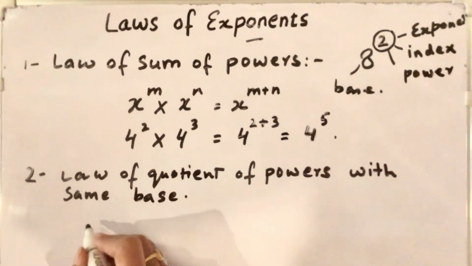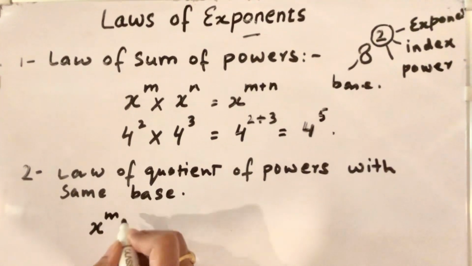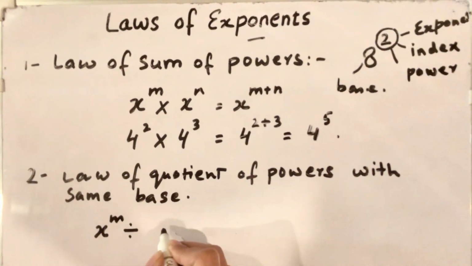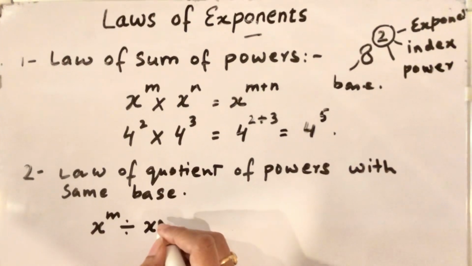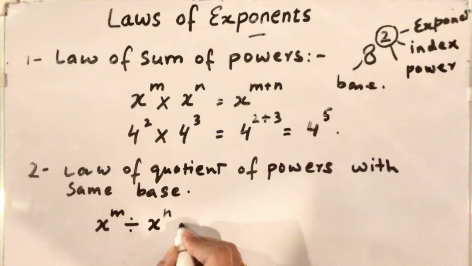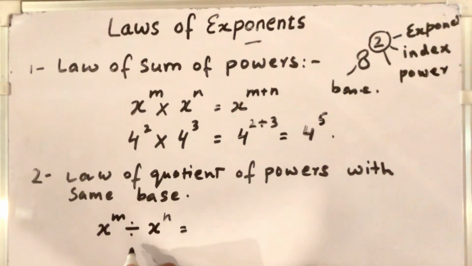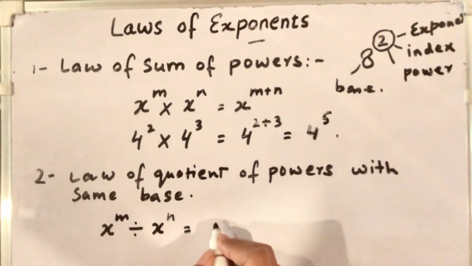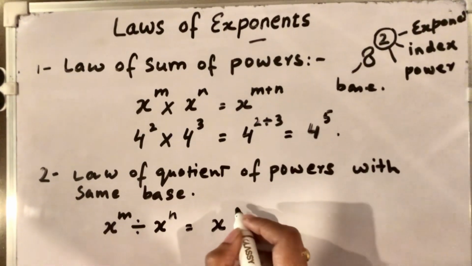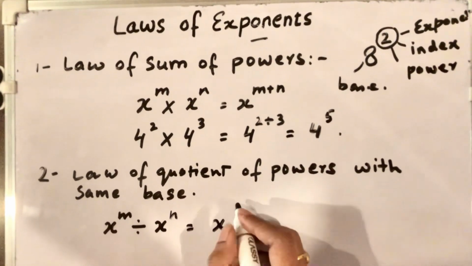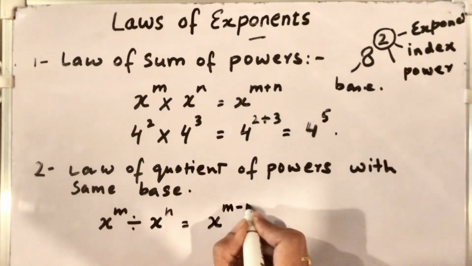For example, we have a base x with power m divided by base x with power n. Here when we have two bases which are dividing with each other, we keep the same base and their powers will be subtracted from each other. For example, m minus n.